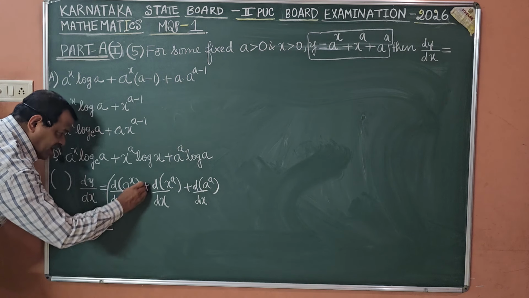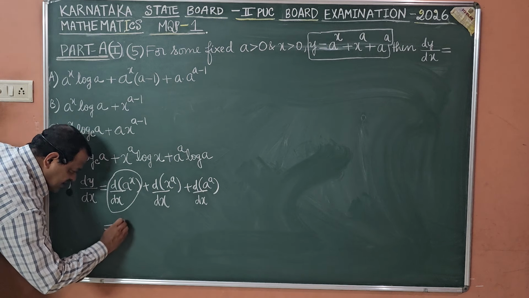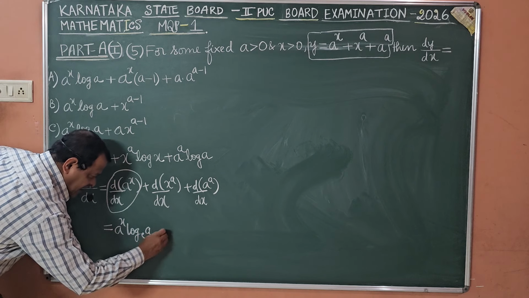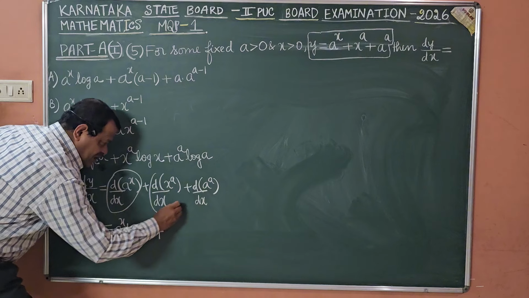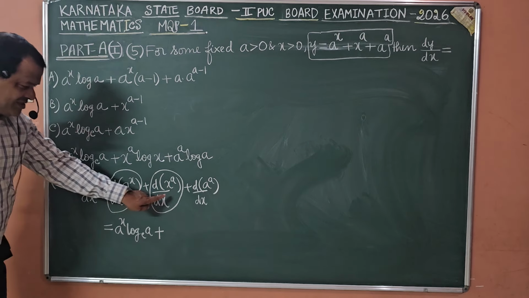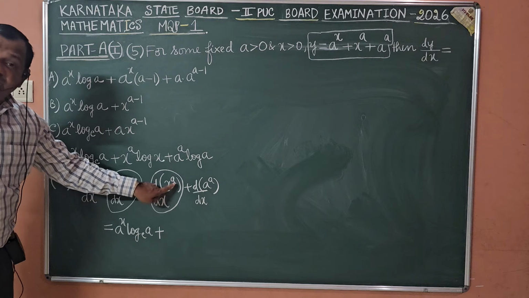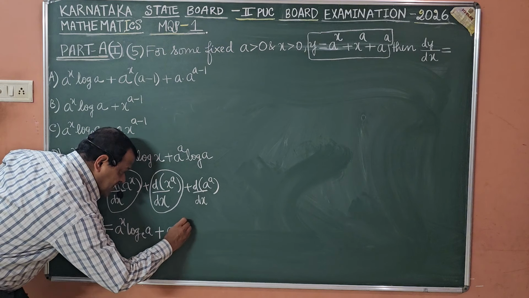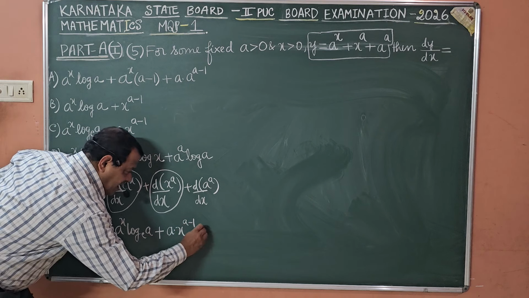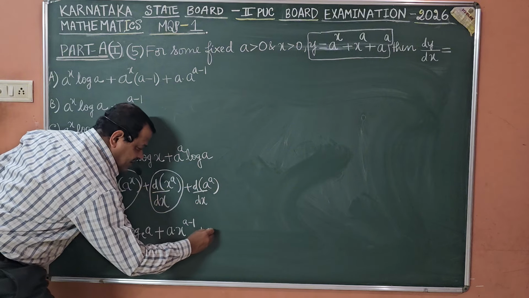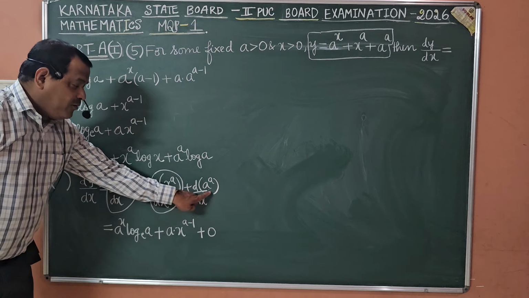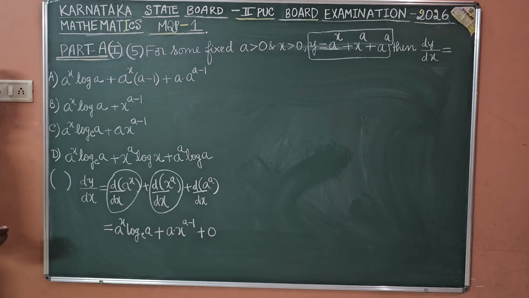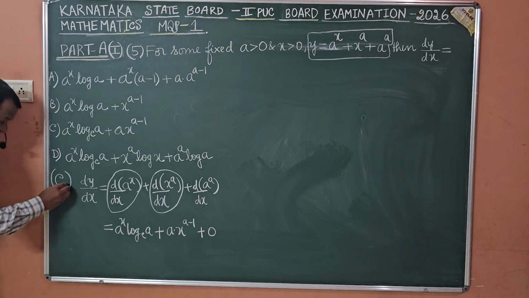D by dx of a power x is a power x log a to the base e, plus d by dx of x power a. This is like d by dx of x power n, that formula. So a into x power a minus 1, plus d by dx of a power a, which is 0, because a power a is a constant. Hence this answer is found in option C.